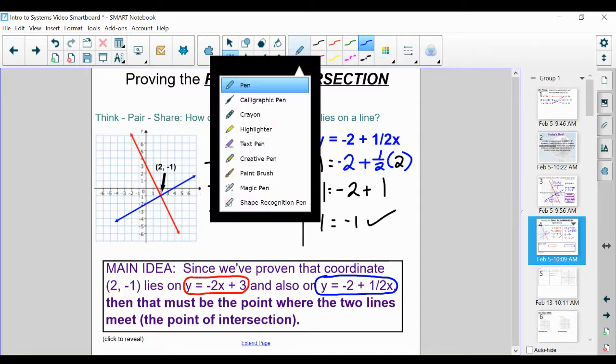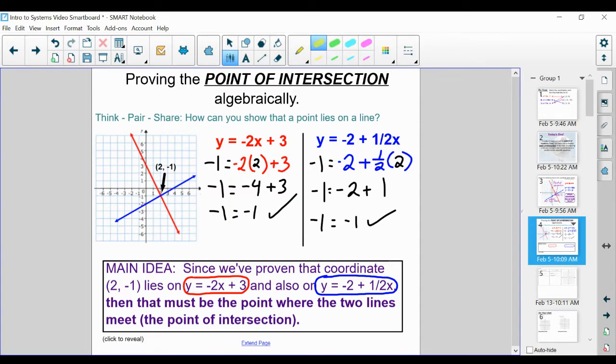Again, we call that the point of intersection. The point of intersection.